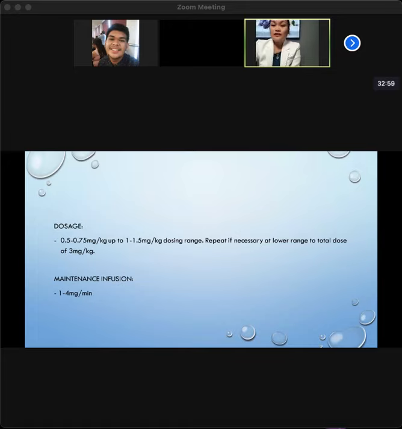So the dosage of your lidocaine is 0.5 to 0.75 milligram per kilogram up to 1 to 1.5 milligram per kilogram, and it can be repeated as necessary at low range lang to a total dose of 3 milligrams per kilogram. If you're going to use infusion, you can regulate your lidocaine at 1 to 4 milligram per minute.